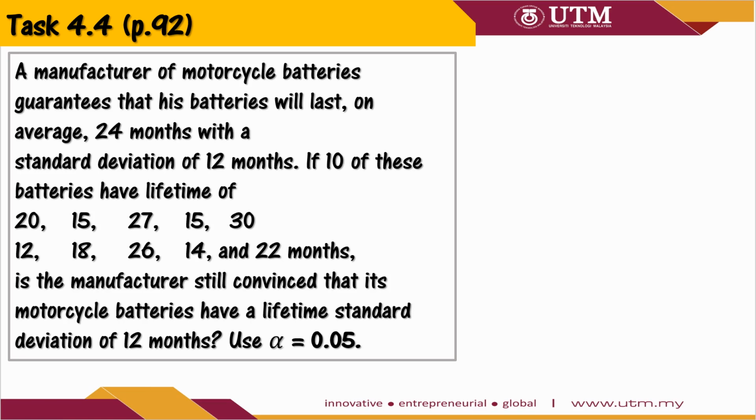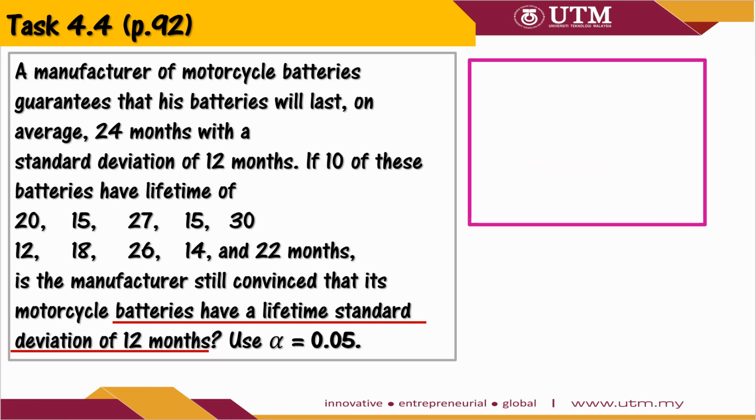Use alpha equal to 0.05. Obviously, we have to test a hypothesis here, especially when we are given the level of significance alpha equal to 0.05 to perform the statistical test.